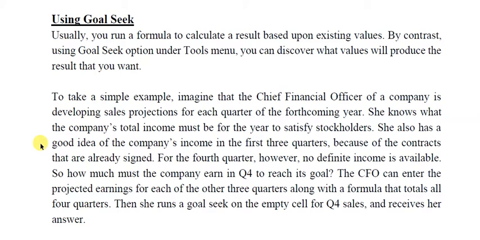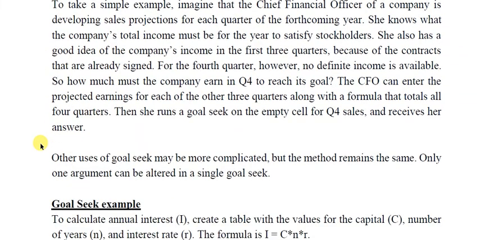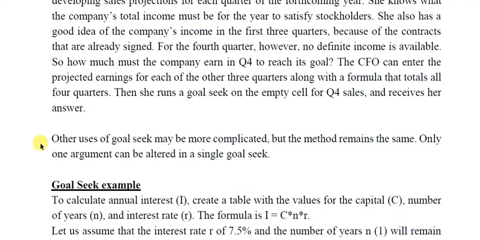So the projected earning for the 4th quarter can be estimated using this goal seek function. Other uses of goal seek may be more complicated, but the method remains the same.